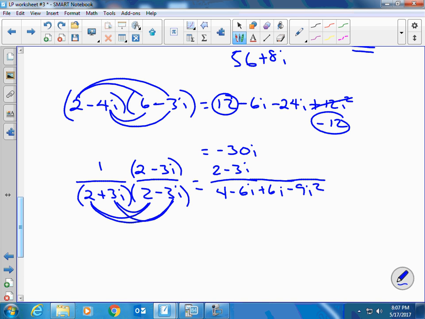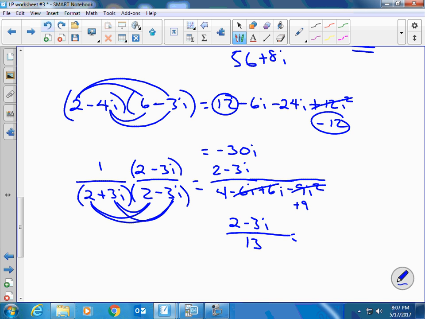Remember when we did conjugates back in the radical section? Those two go away. That's why we picked the conjugate. That's what a conjugate does. Definition of i squared: we know i squared is negative 1. So this becomes plus 9. And 4 plus 9 is 13. And I get 2 minus 3i over 13.